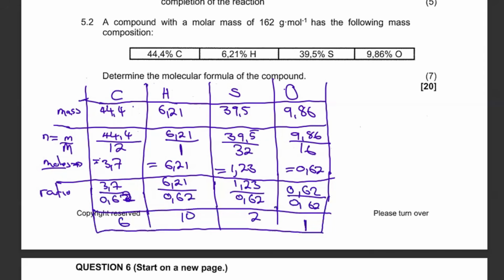If you go back to the top, you will see that the ratio there is 1:1. So at the end of the day, we have an empirical formula of C6 for carbon, then hydrogen is 10, sulfur is 2, and for oxygen there's no need to write a 1.